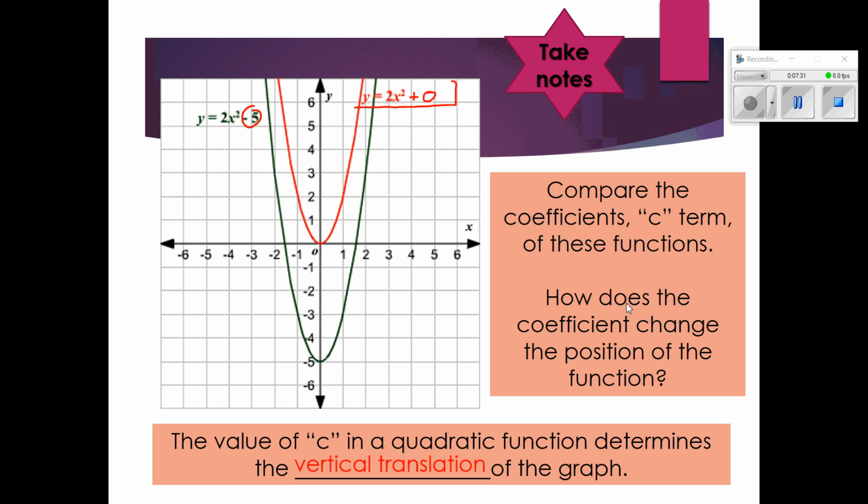In this one right here, since there was no c term, we understand it to be 0. Look where the vertex was. It was at 0 on the y-axis. Look at this -5, and look where we cross right here: -5. This is going to tell you the y-intercept, or the vertical translation. This one was down 5 because it had a -5. It went down 5 from the parent function.